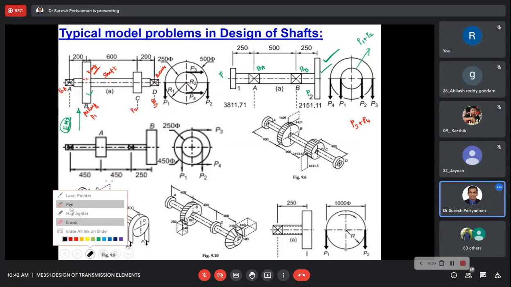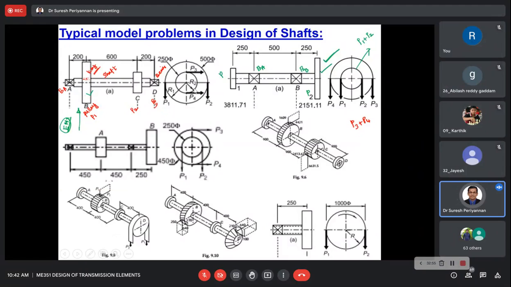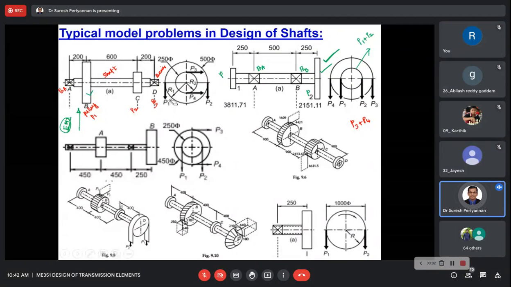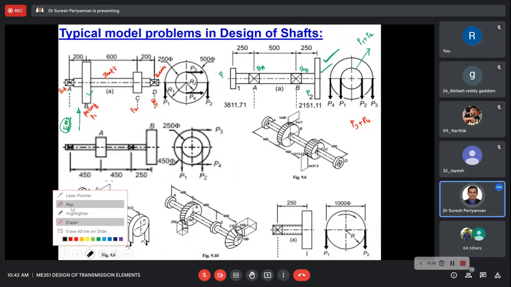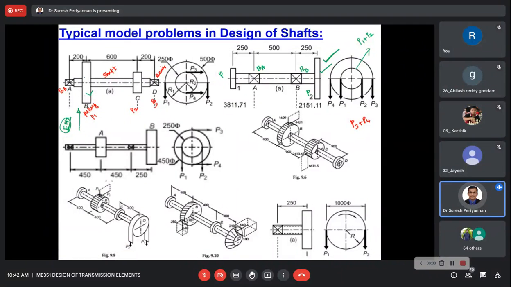Now we consider the bigger pulley. The load is acting in the downward, vertical direction. How much load is acting on the shaft? As per the strength of materials concept, you may say it is a point load acting on the beam here, P1 plus P2. This is the vertical load.